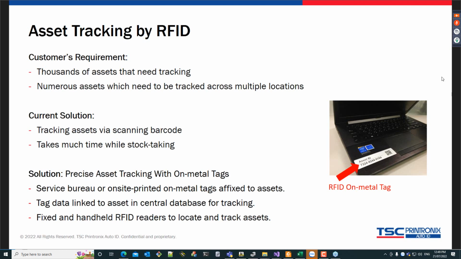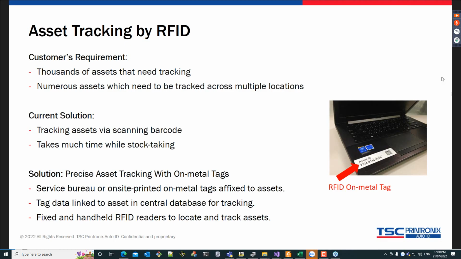Just imagine you have lots of goods, lots of desks and computers, or even pencils, and these need to be checked in your different offices. For example, you have an office in Shanghai and an office in Taiwan and other offices. All of them need to have their assets checked.